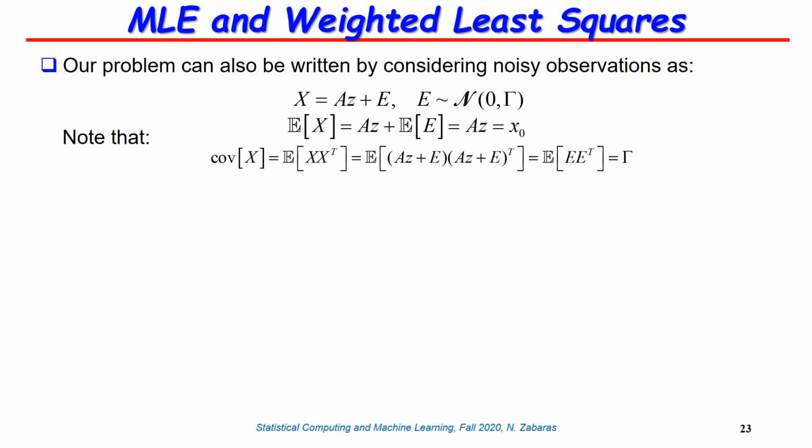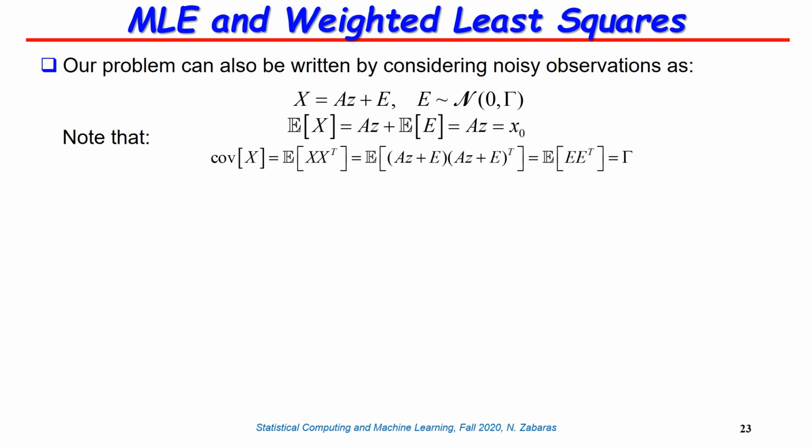X is high dimensional, z is low dimensional, and we assume in these few slides that A is given. In some sense, we have a dimensionality reduction model, expressing x in terms of some reduced z through the equation x equal to Az.